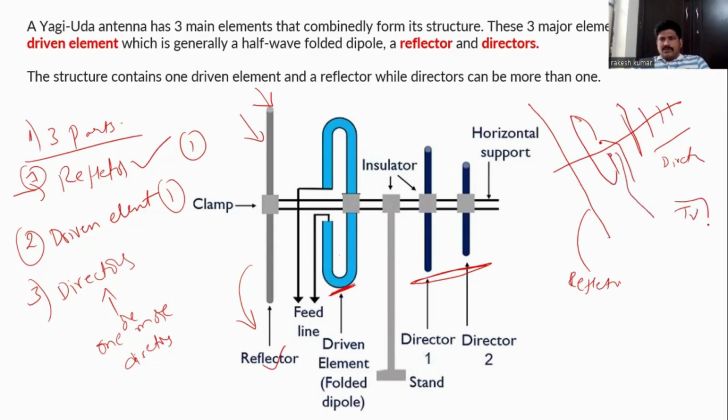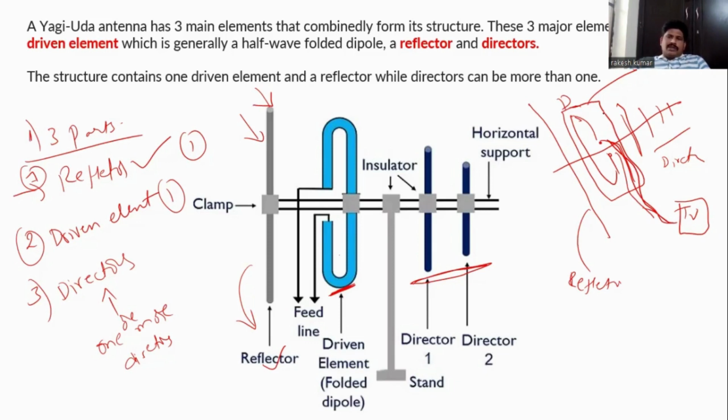We connect our coaxial cable here. The TV and this antenna are connected by a coaxial cable with the driven element. This is called the driven element, the active element. The Yagi Uda antenna consists of both active parts and passive parts. The driven element is the active part.